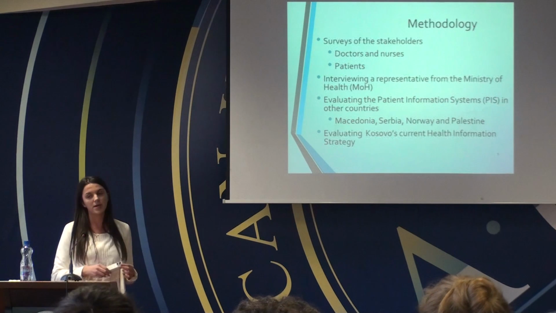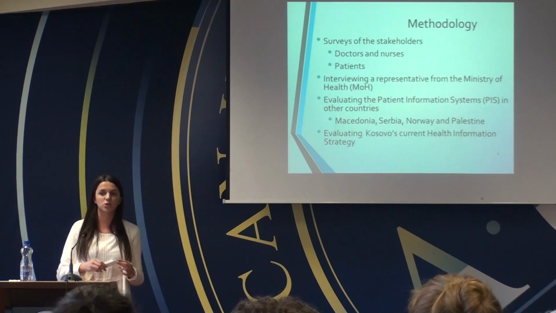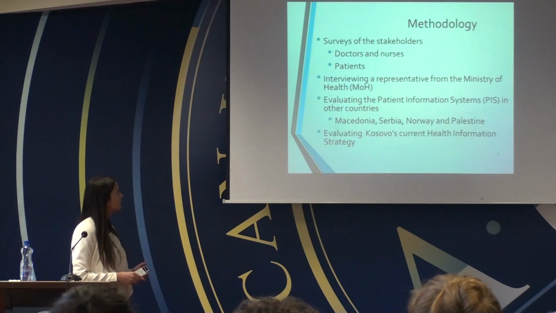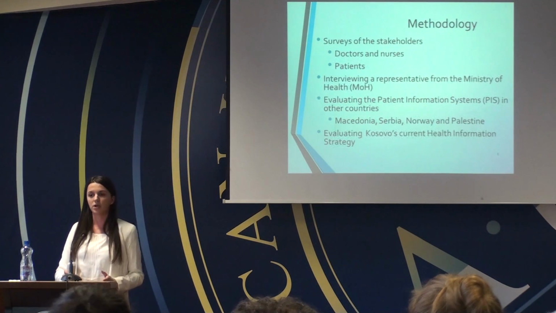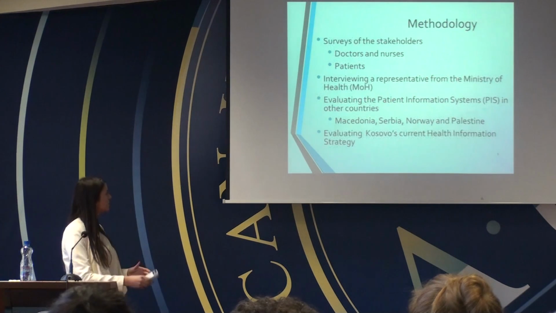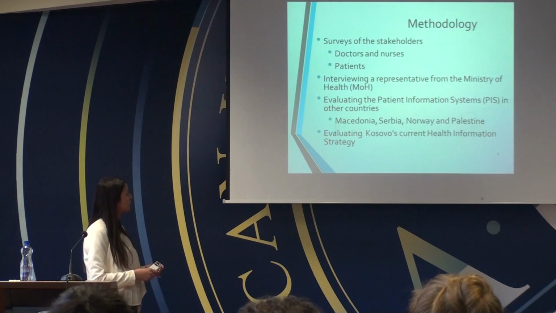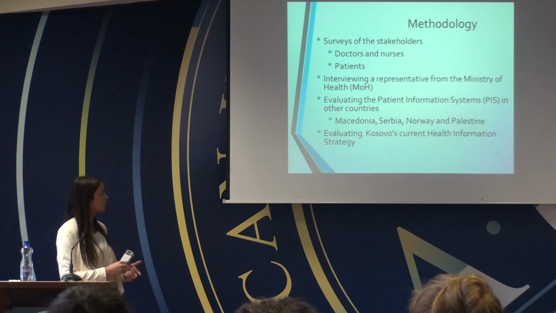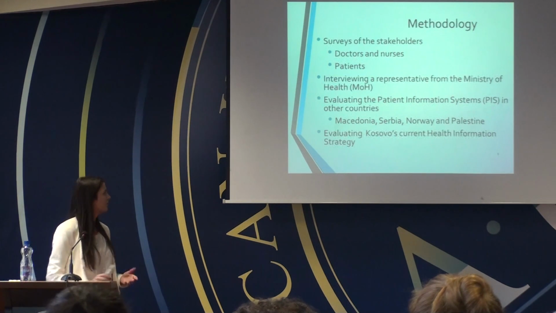They were distributed based on strata, meaning for each of the strata, such as nationality or department, there were a certain number of doctors and nurses that had to be surveyed. Patients were also surveyed through contact persons in different hospitals, also online, and they were also stratified based on nationality.